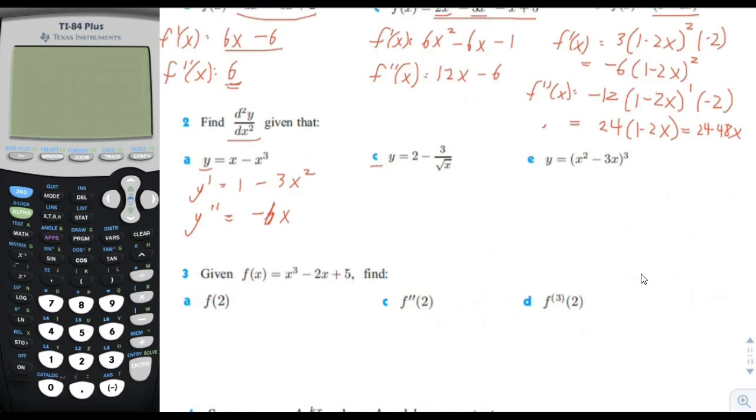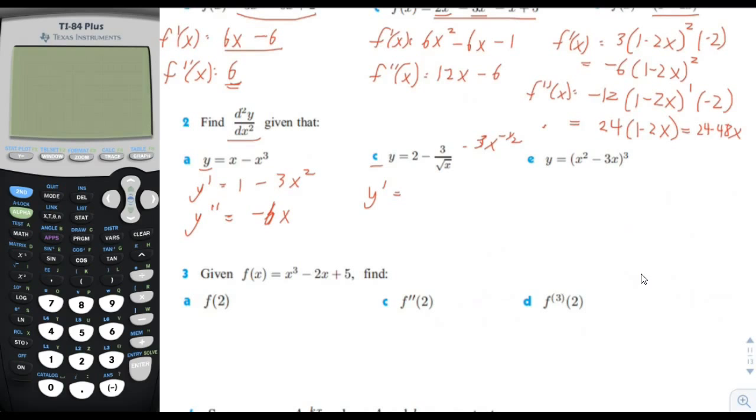Now when we take the derivative of this, the derivative of 2 is 0, so we don't write down anything. The derivative of negative 3 divided by square root of x. Let's rewrite that. Instead of writing negative 3 over square root of x, let's write negative 3x to the negative 1/2. It makes it easier to take the power function by rewriting the exponent.